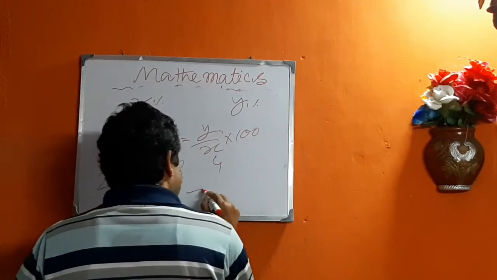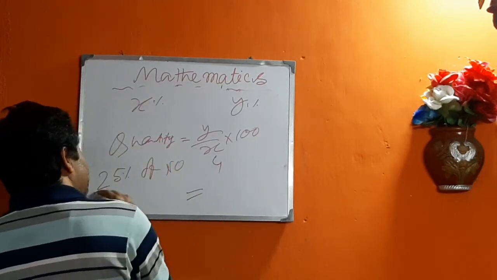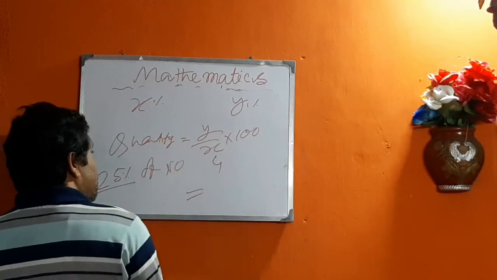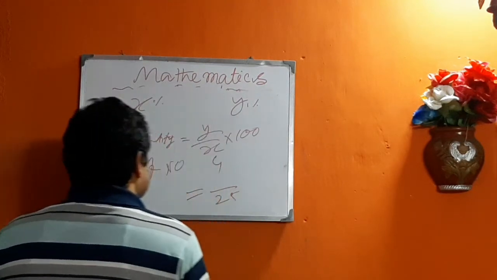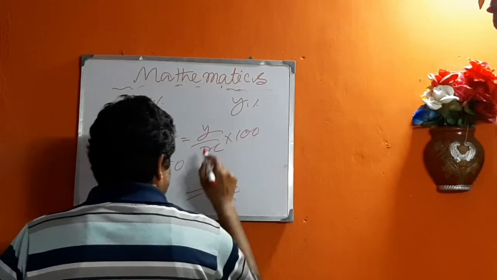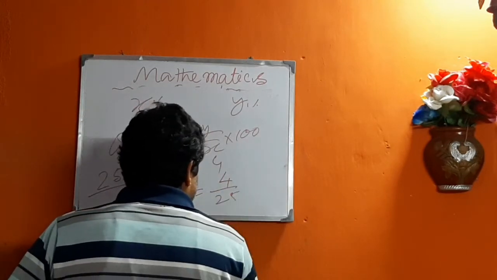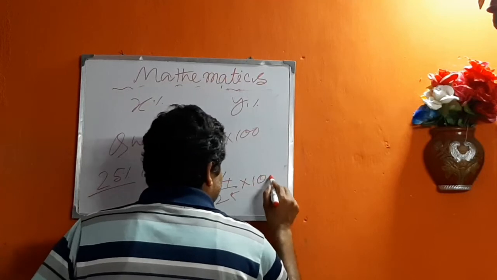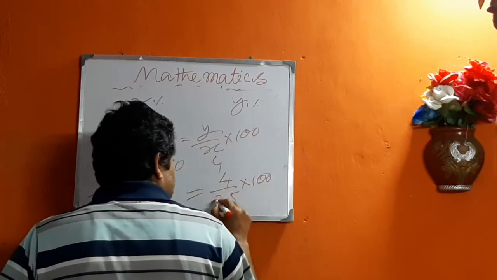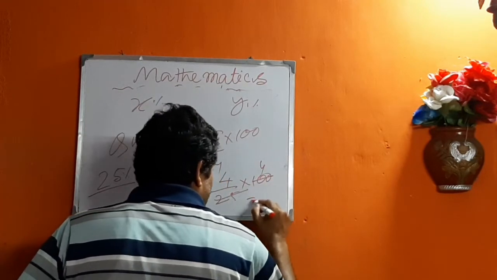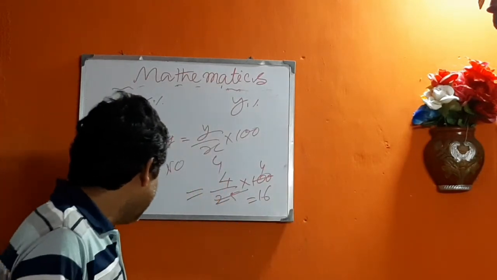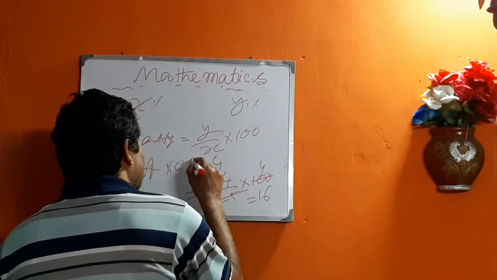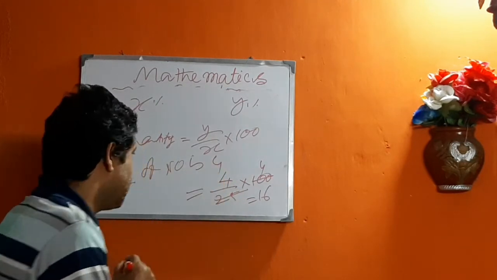So 25% of a number, so the value of x is 25, and the value of y is 4, into 100. So it will be 16. I repeat, if 25% of a number is 4, what will be the actual number?